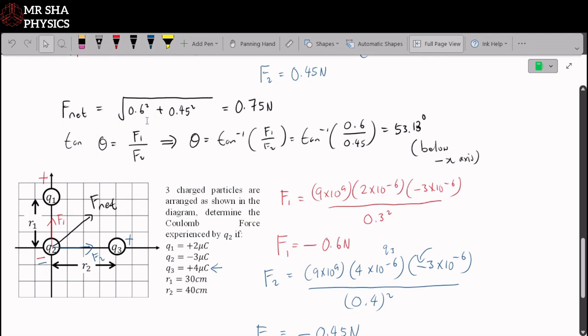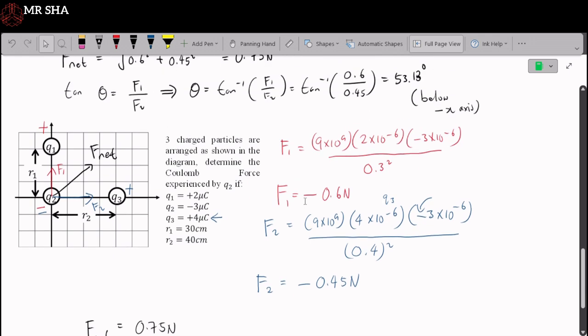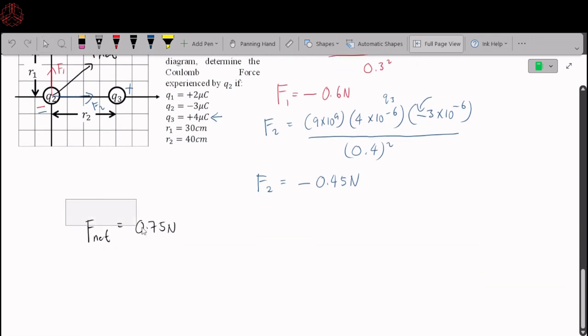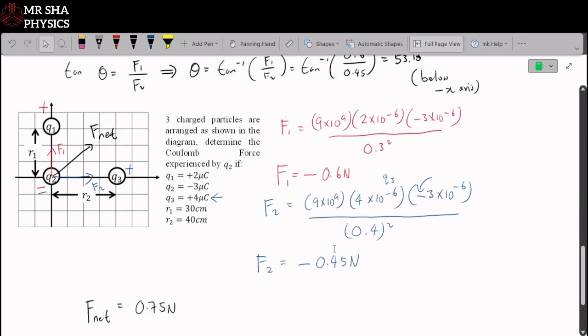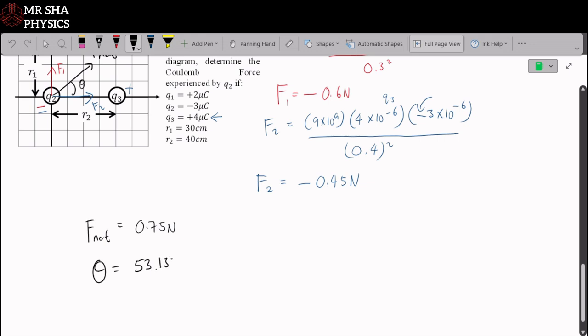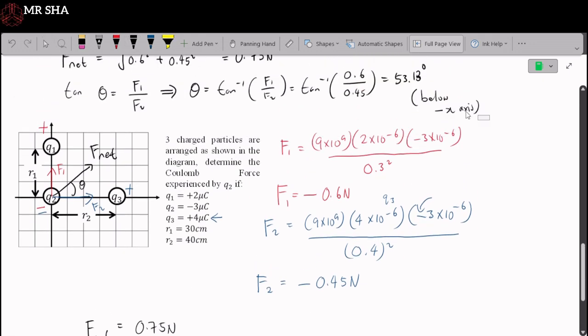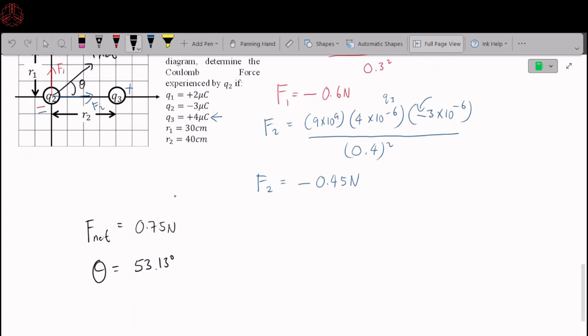Again, squares of negatives are positives, so we will still have the same magnitude values for F net. Again we can calculate theta, and it should give us the same value for the angle. The difference is that it is going to be above the positive x-axis.